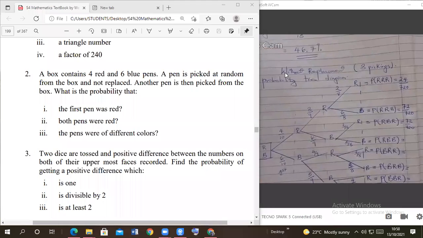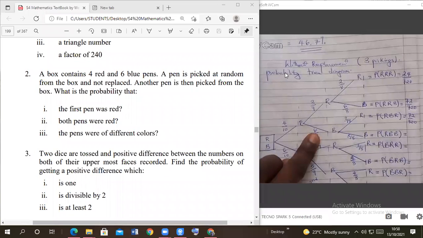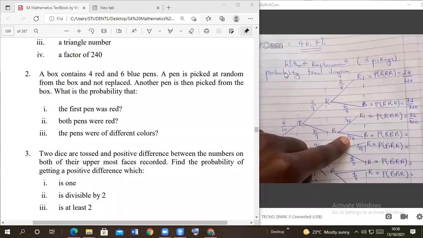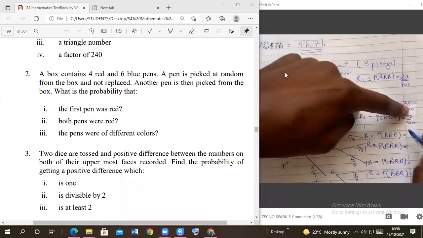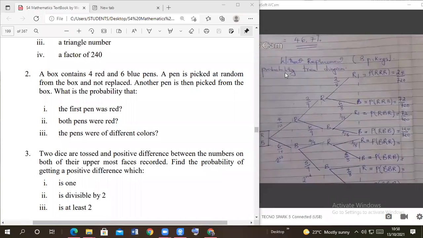Members, are we following? 4 times 6 is 24, 24 times 5 is 120 out of 720. Okay?